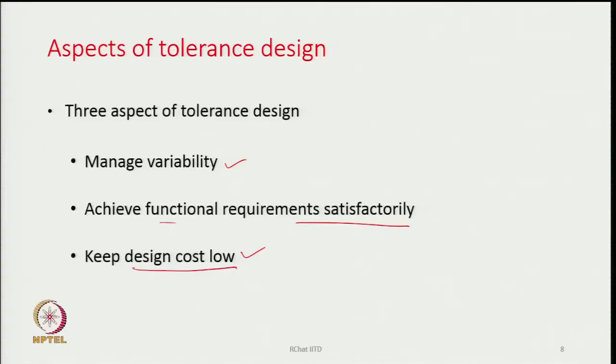And the moment we narrow down the tolerance, the cost is going to be more and more, because you have to have proper process controls, you may need more and more sensors, you need better machines. So, obviously, cost will go high. Keeping in mind the cost part also, we have to decide whether it is achievable or not.